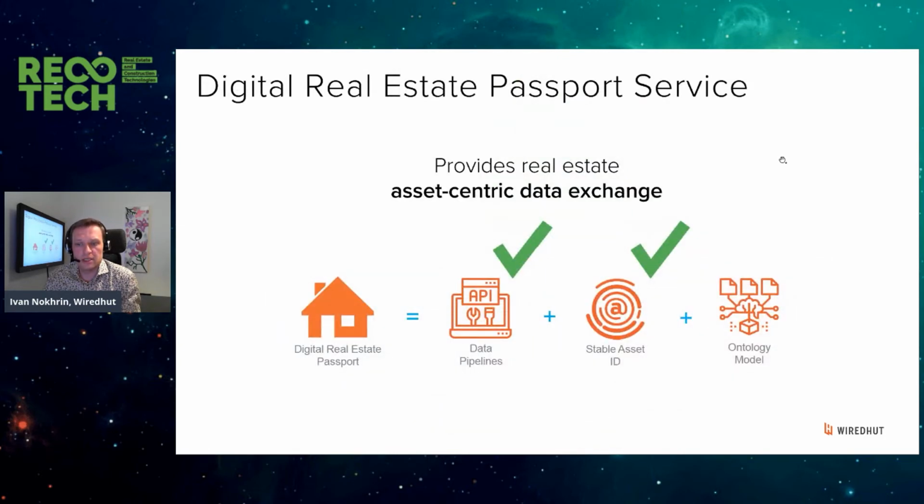So stable ID is a tool set bringing together all of these individual identities, geolocation, and additional parameters that help us stably identify the asset.